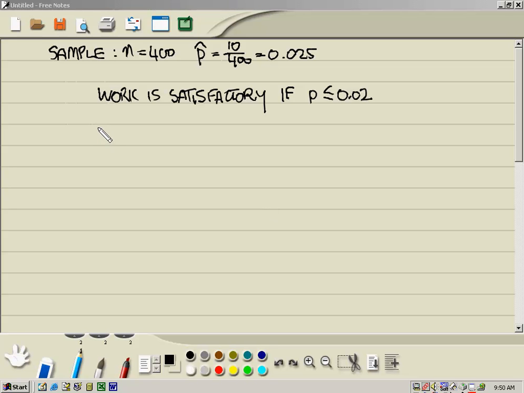Alright, so we start this test off the same way. Same sample data, n is 400, p hat of 0.025, 2.5%, and the work is satisfactory if the true proportion p is less than or equal to 2%. This is the same routine as before. We have a one-tail test, and we say which tail.